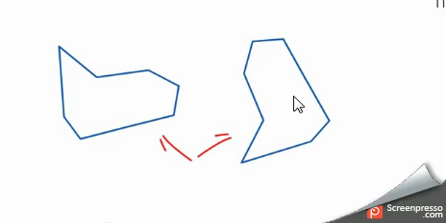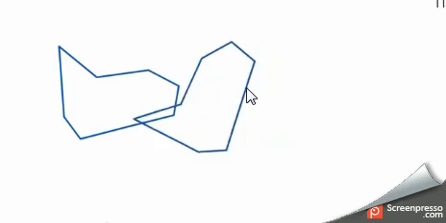Okay. When we see the corresponding sides, this side corresponds to this, and this side corresponds to this, and this side corresponds to this, and this side corresponds to this. Okay, mister, can I say these heptagons are congruent? We will see when I move it and put it over this heptagon. We will put the corresponding sides over each other.